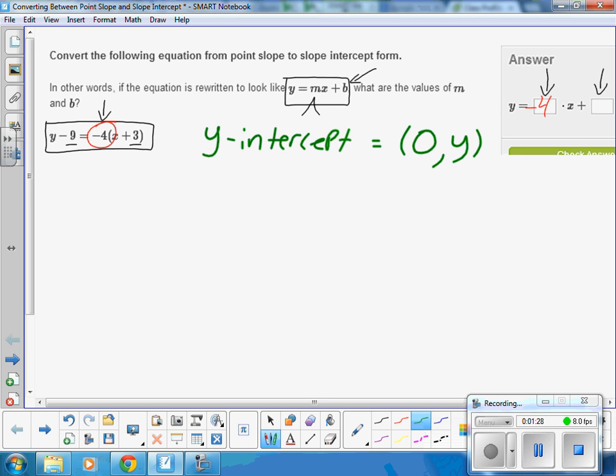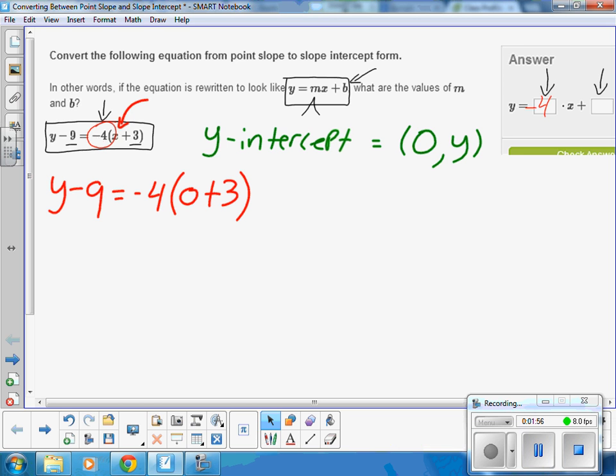So if x is 0, I know then my y minus 9 is equal to a -4 times 0 plus 3, because x is 0 when the line crosses the y-intercept or the y-axis. So what I need to do is substitute 0 in for x.